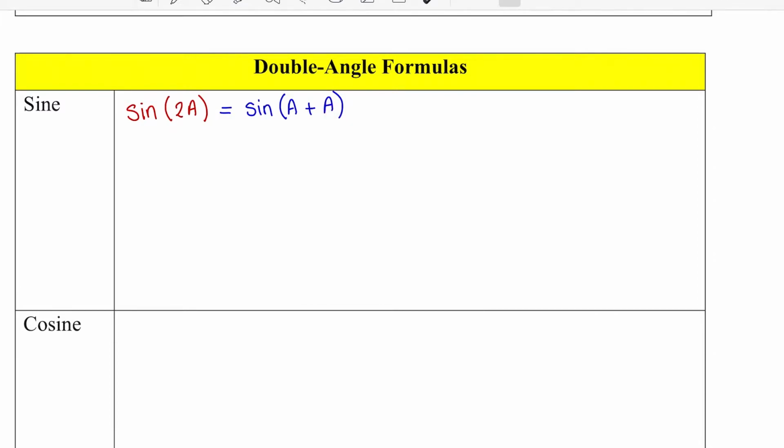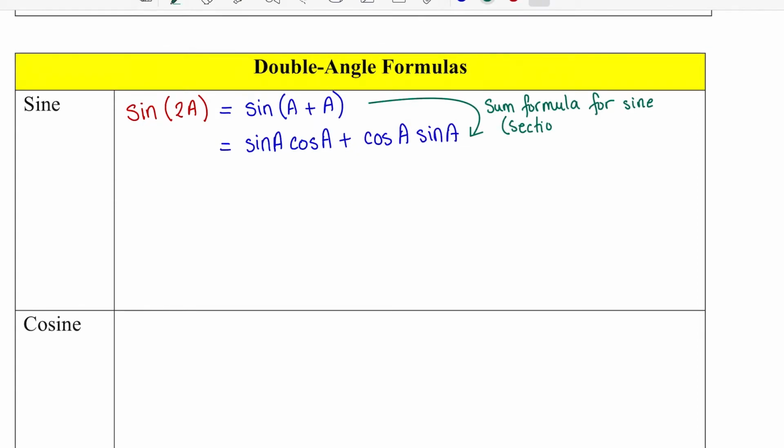And from here, I'm using the sum formula for sine. Sine of A plus A equals sine of A times cosine of A plus cosine of A times sine of A. From here to here, I'm using the sum formula for sine from section 7.2.